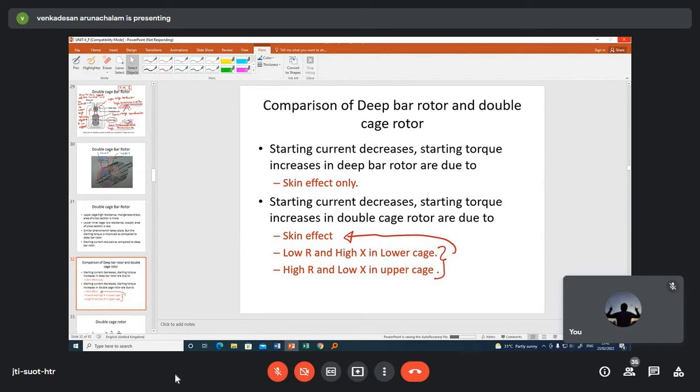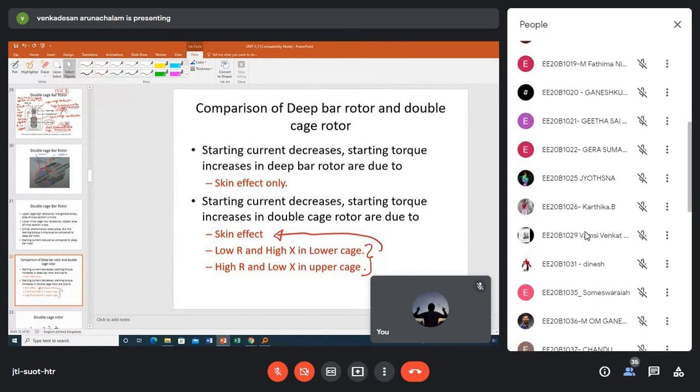With that idea, they came up with two special modifications in the rotor: the deep bar rotor and the double cage rotor. With this, they somehow improved the effective resistance of the rotor. And with this, the first topic in Unit 2 is completed.